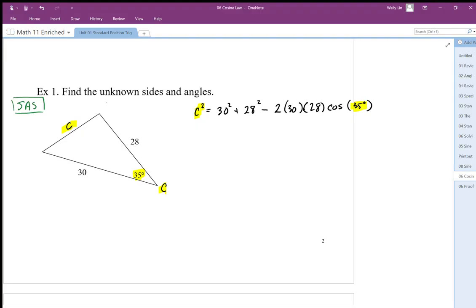Working out the calculations, using my calculator. I'm going to go 30 squared plus 28 squared, which gives me 1684. So C squared equals 1684.